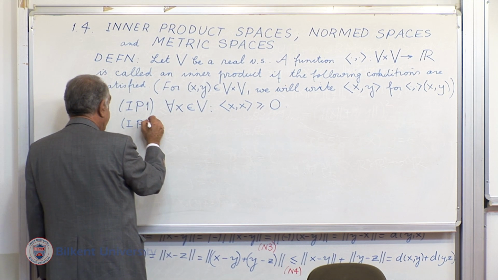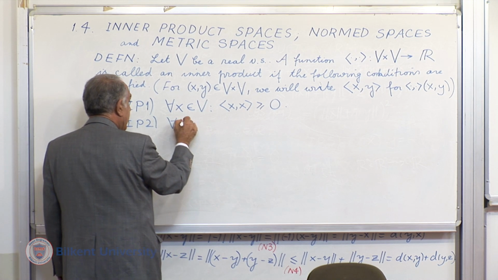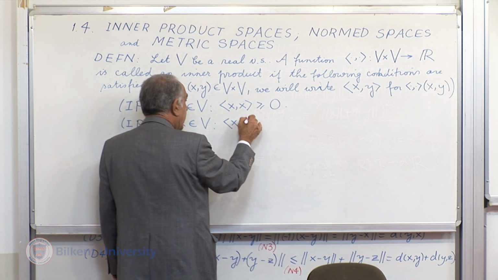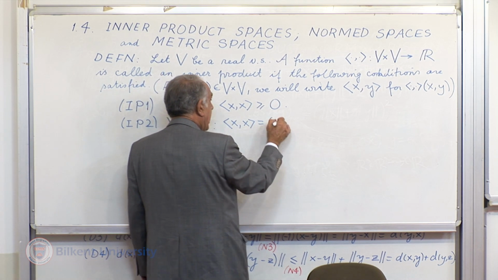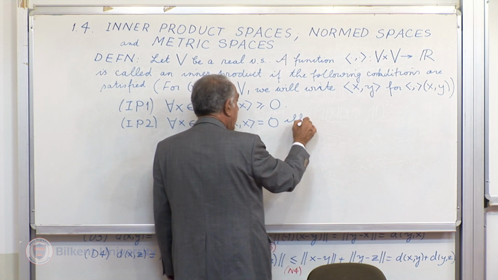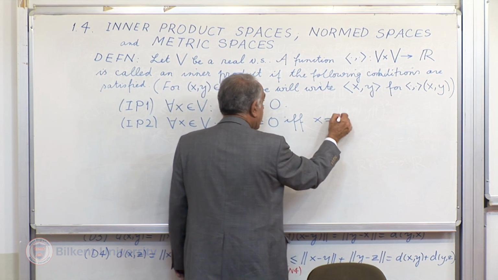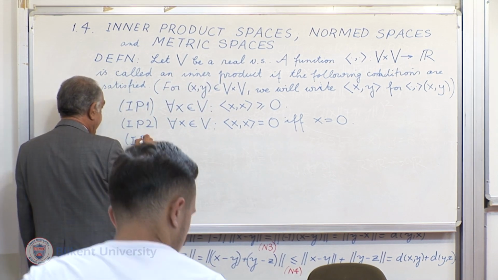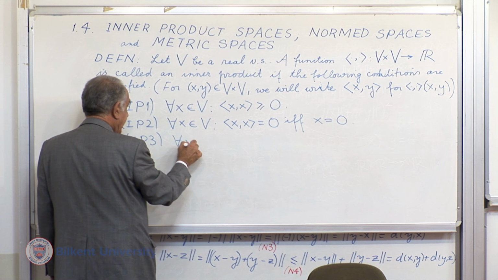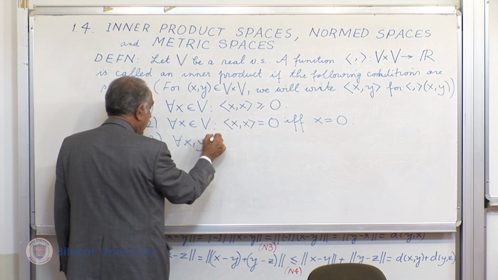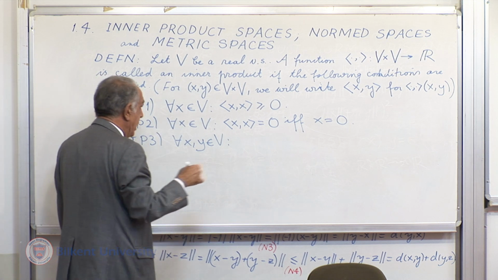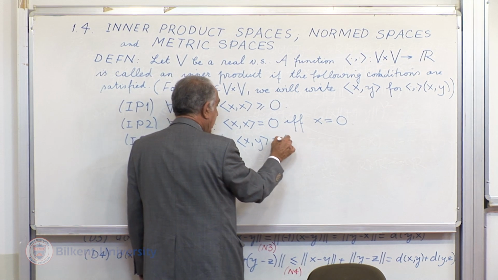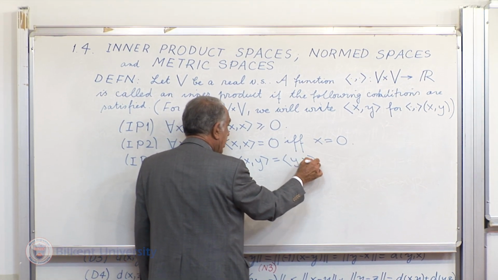IP2, for all x in V, the image of xx under this function is 0 if and only if x is the 0 vector. IP3, for any xy in V, the image of xy under this function is equal to the image of yx.